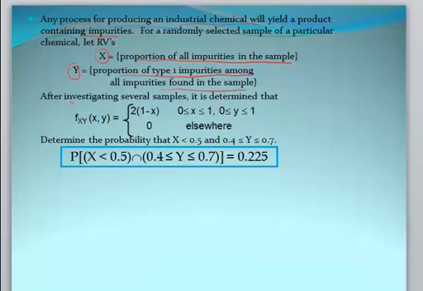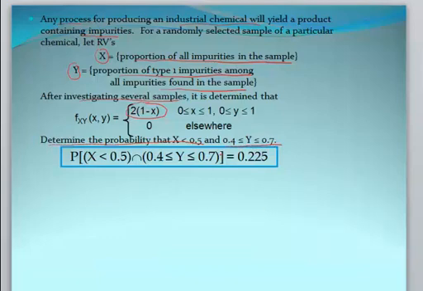After we've done some snooping around, we find that our probability density function as a function of both of those variables is given by this equation, where 0 is less than x less than or equal to 1, and 0 is less than or equal to y is less than or equal to 1, and 0 elsewhere. So we're supposed to determine the probability that x is less than 0.5 and y ranges between those values shown.